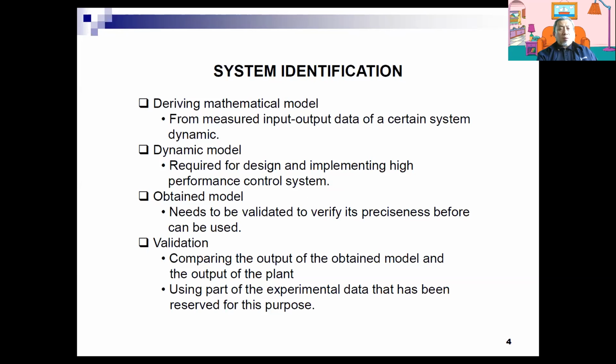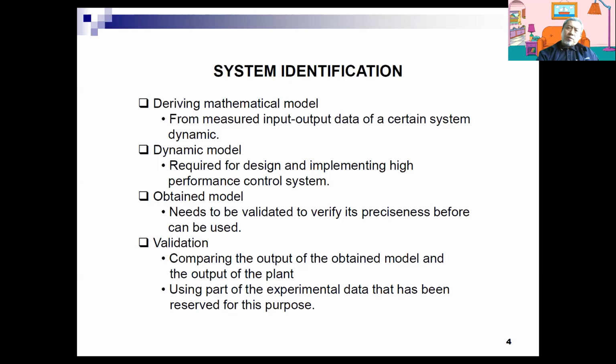Then the obtained model will need to be validated to verify its preciseness before it can be used. We will apply validation, comparing the output of the obtained model and the output of the plant, using part of the experimental data that we reserve for validation purpose.